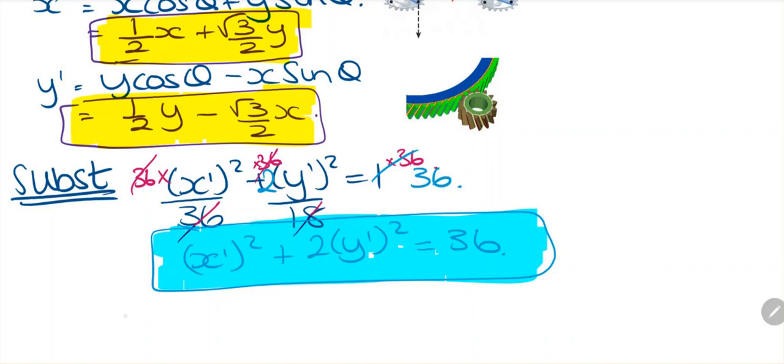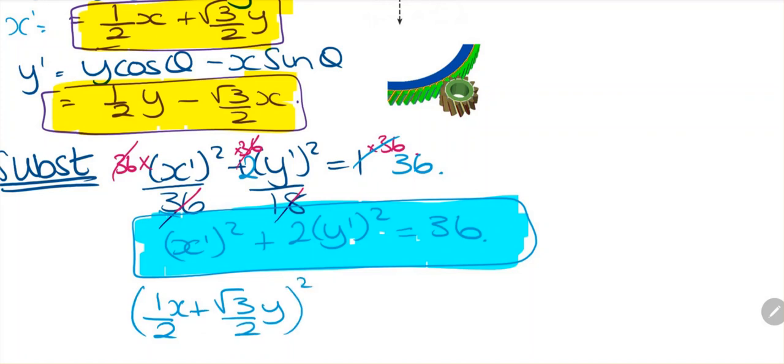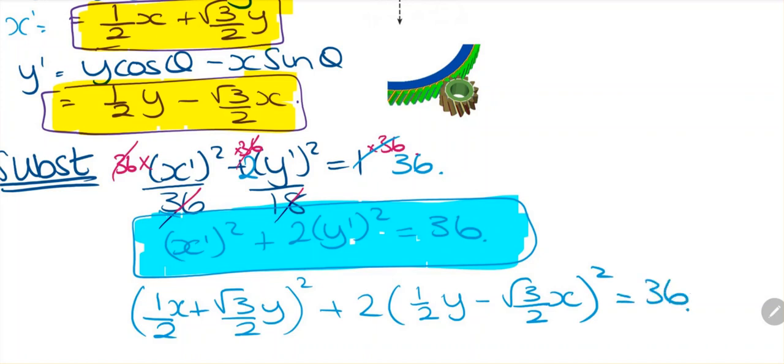So we have x prime. This is our x prime here. We're going to have a half x plus root 3 over 2 y, and this is squared. And then we're going to have 2 and this y prime. So our y value is going to be a half y minus root 3 over 2 x, and this is squared, and it's equal to 36.